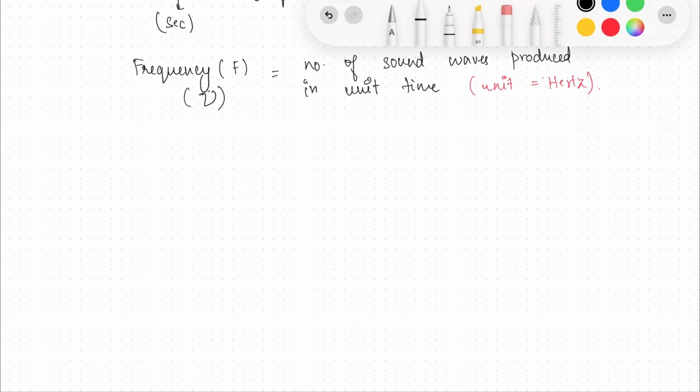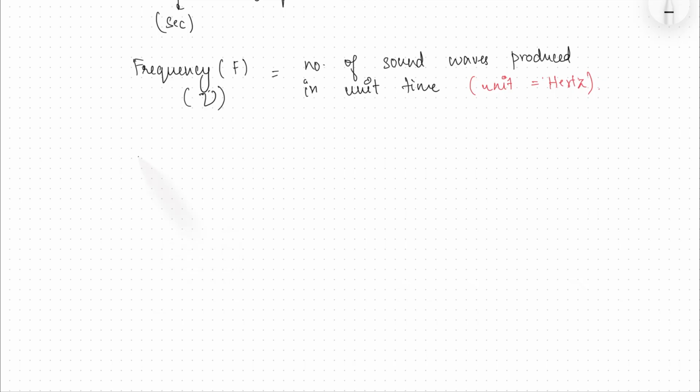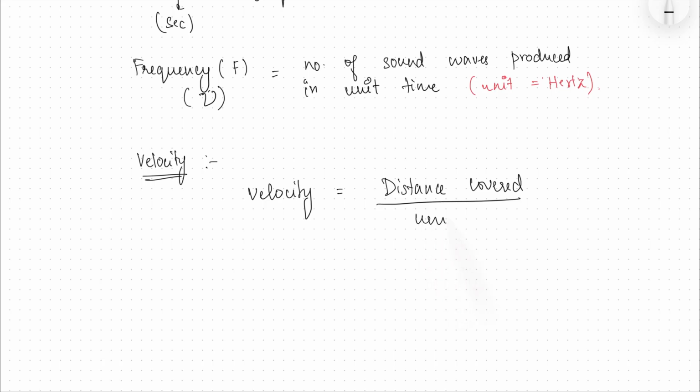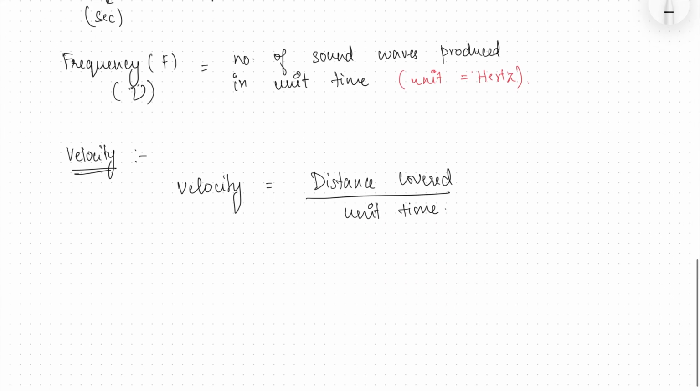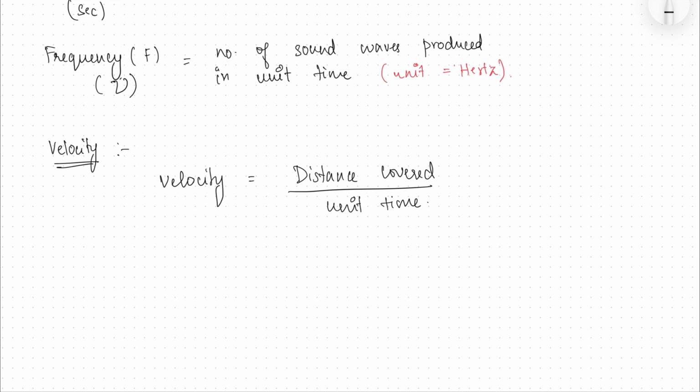Then you have velocity. Velocity is the distance covered by the sound wave in one unit of time. Okay, so velocity is the distance covered in unit time, right? And the distance covered is your wavelength, which is lambda.